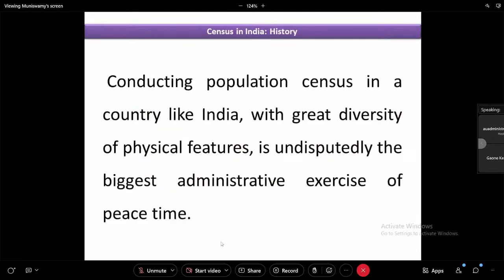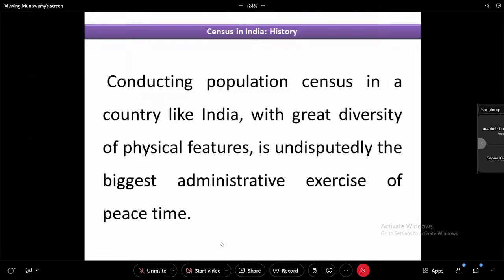Conducting a population census in a country like India, with a great diversity of physical features, is undoubtedly the biggest administrative exercise, so the government should function fully.